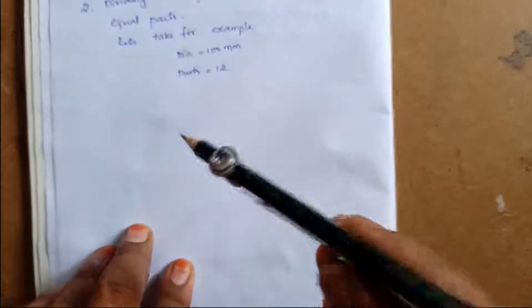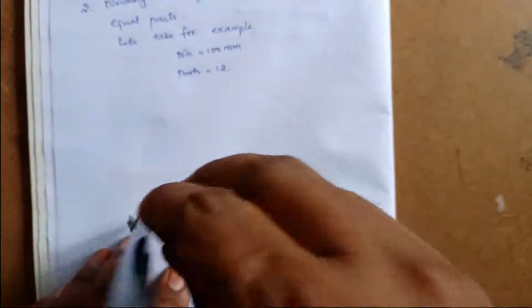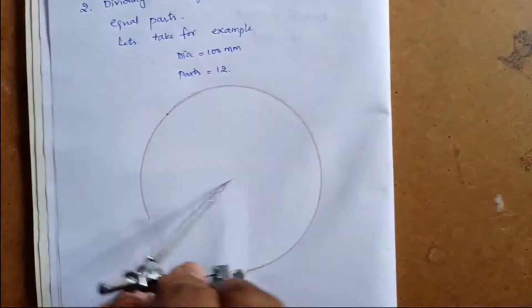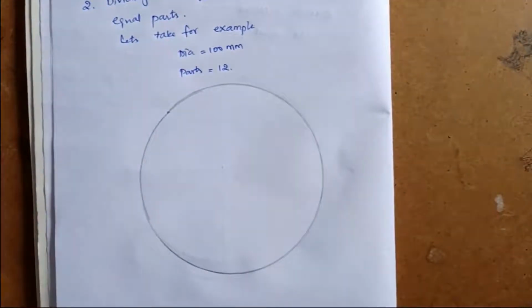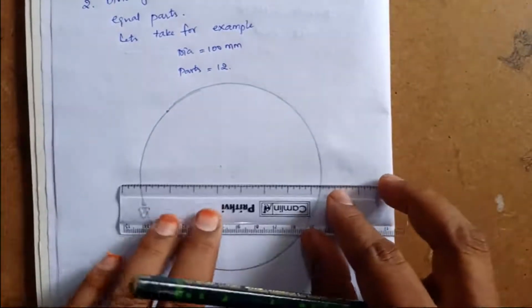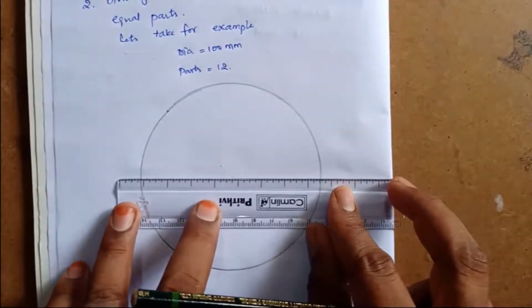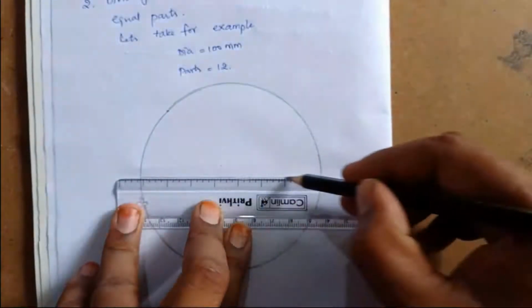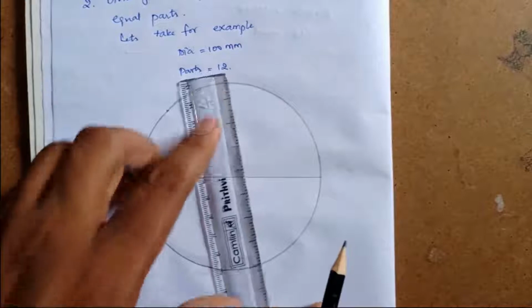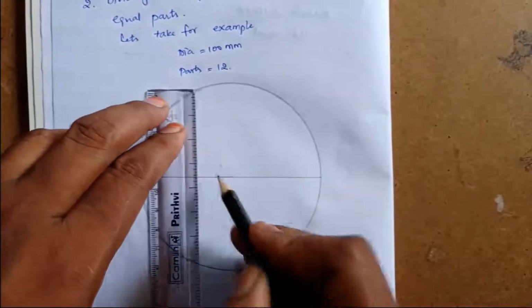First, take the compass, measure the given diameter and draw the circle to the given diameter. Now you have to divide this circle into two equal parts, either vertically or horizontally, and then go for four equal divisions.